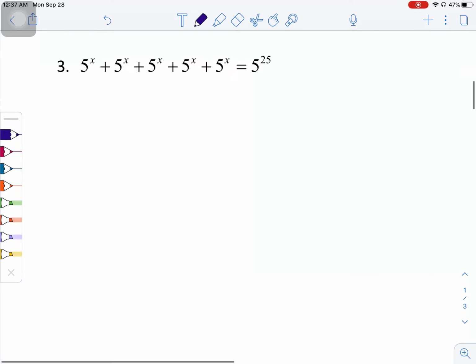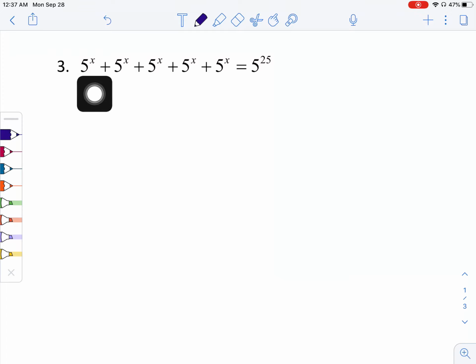So problem number 3, I love the fact that everything's a base 5. What I'm not a huge fan of is that I have repeated addition on the left side. So what I want to do is collapse this repeated addition into a multiplication problem.